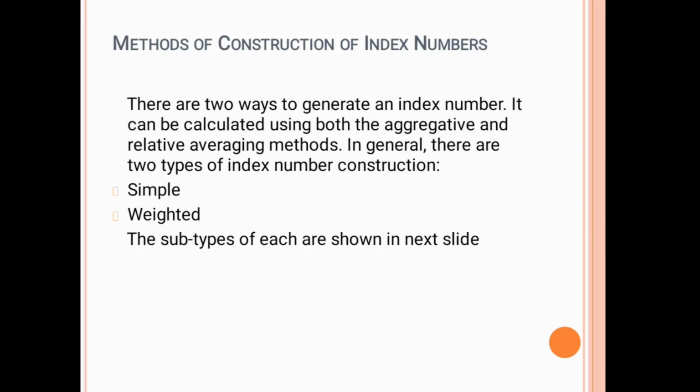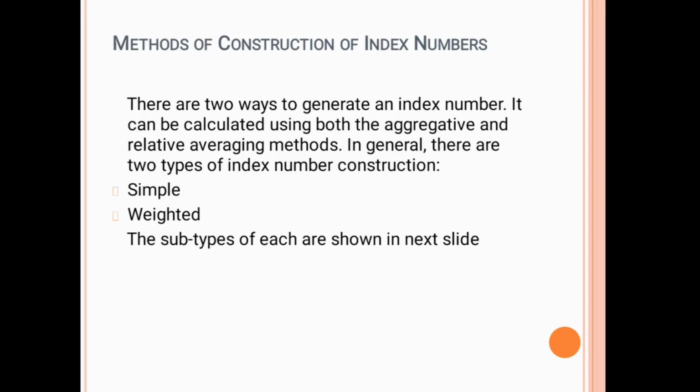So what are the methods of construction of index numbers? There are two ways to generate index numbers. It can be calculated using both the aggregative and relative averaging methods. In general, there are two types of index number construction: the simple index numbers and the weighted index numbers.